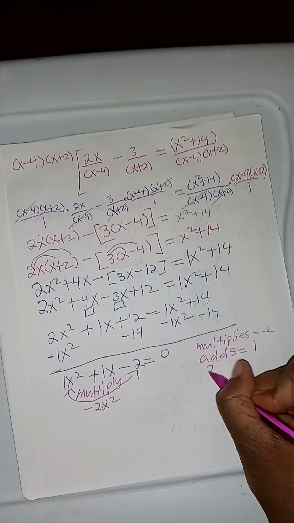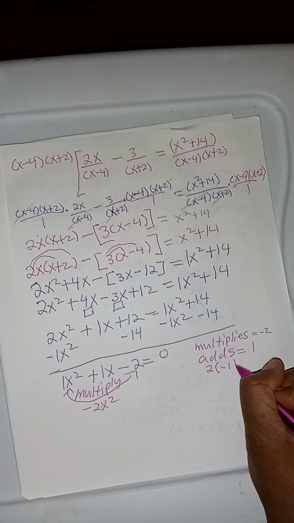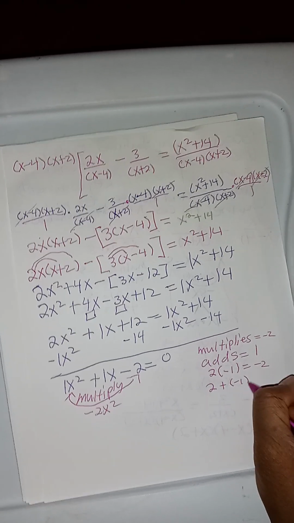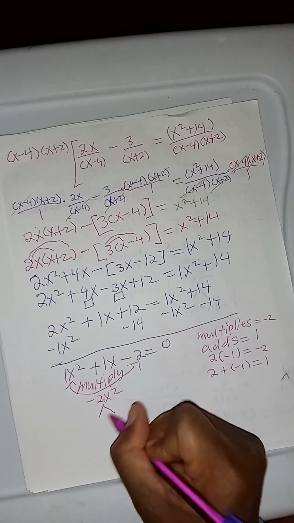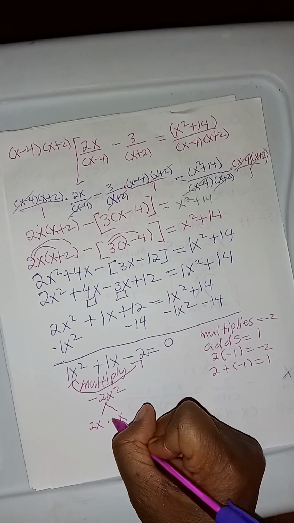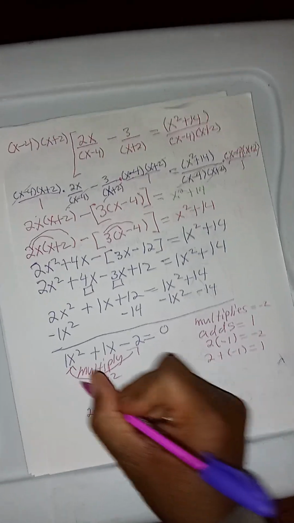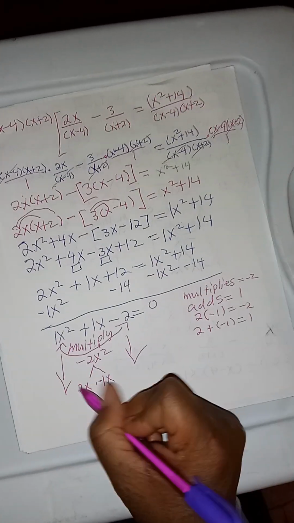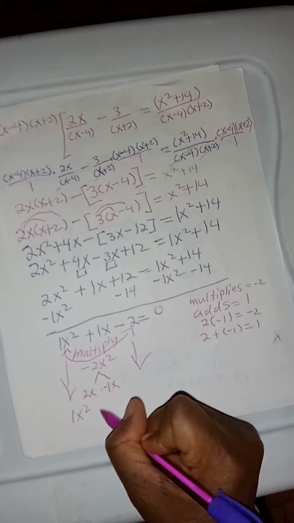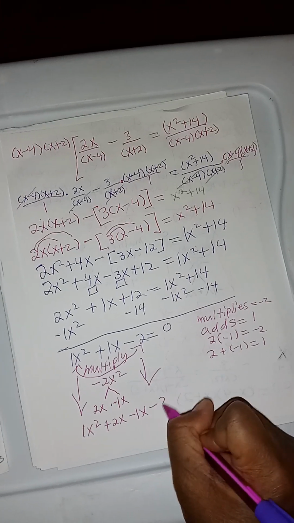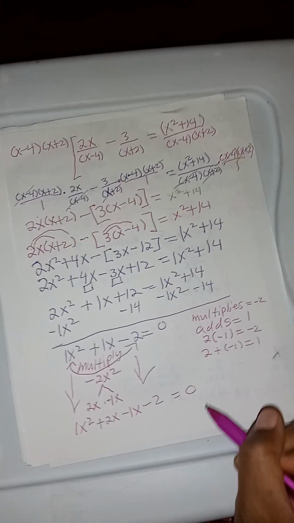So 2 times -1 is equal to -2, and 2 plus -1 equals 1. So x times x, and put a 2 in front of the first x and -1 in front of the second x. And bring down your first and third terms. So 1x squared plus 2x minus 1x minus 2 is equal to 0.